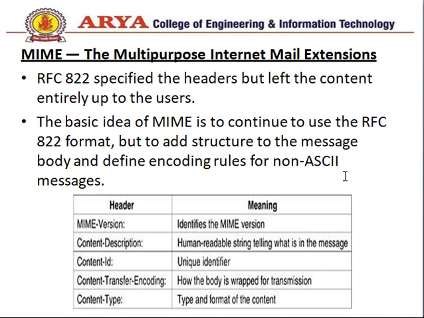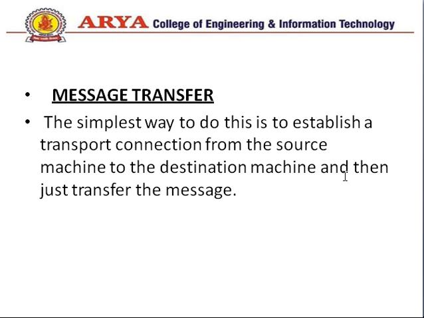Content-ID is a unique ID provided to the content. Next, Content-Transfer-Encoding tells how the body is wrapped, what encoding is done before transmission. Content-Type tells what type of content is included in the email. So these are the various functions of the different MIME headers. You need to learn all these.